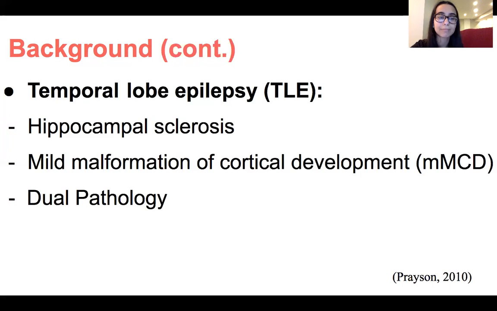This is called malformation of cortical development, but it's also abbreviated, which you will see a lot in my presentation, to MMCD. Dual pathology is cases that involve both MMCD and hippocampal sclerosis, so they will have both of the pathologies. And these 3 groups will be mostly focused on in the data collecting and RNA-seq of my project.